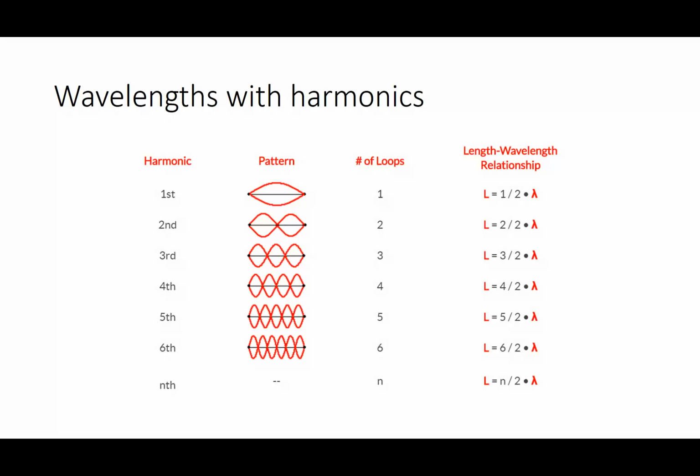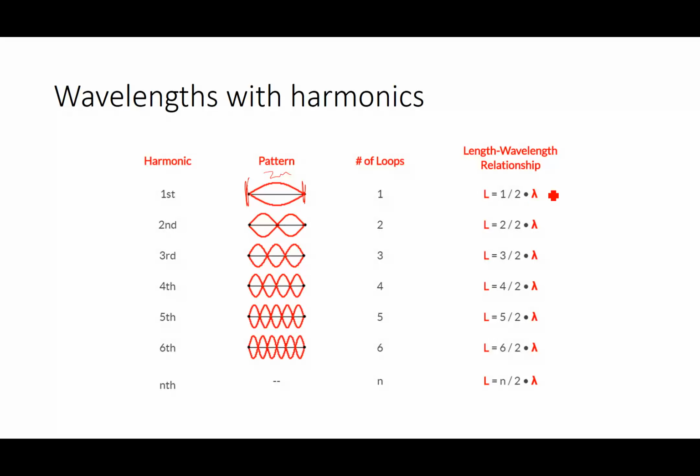So, if this is my tube, and let's say this tube is 2 meters long. So if I have half a wavelength in a 2 meter long tube, then lambda would be 4.